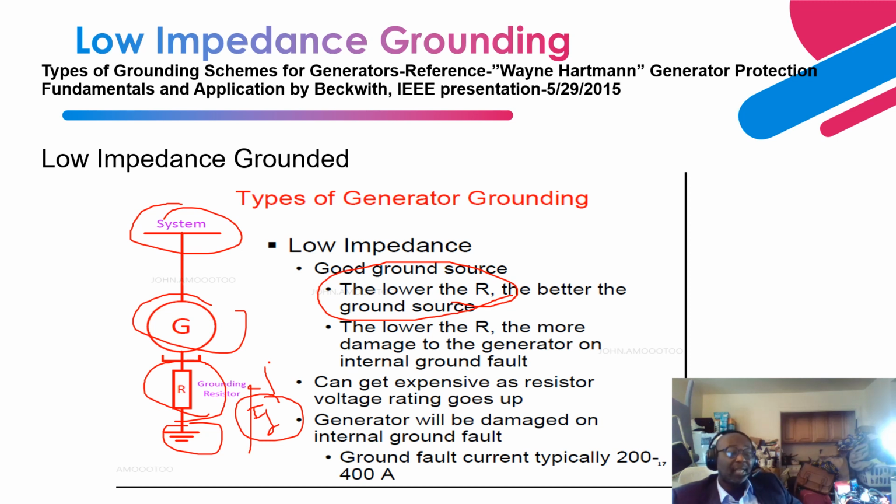So optimization is used to get a good resistance value that allows a good amount of fault current, between 100 amps to 400 amps, or 200 to 400 amps, which limits the damage caused by the fault current to the generator.